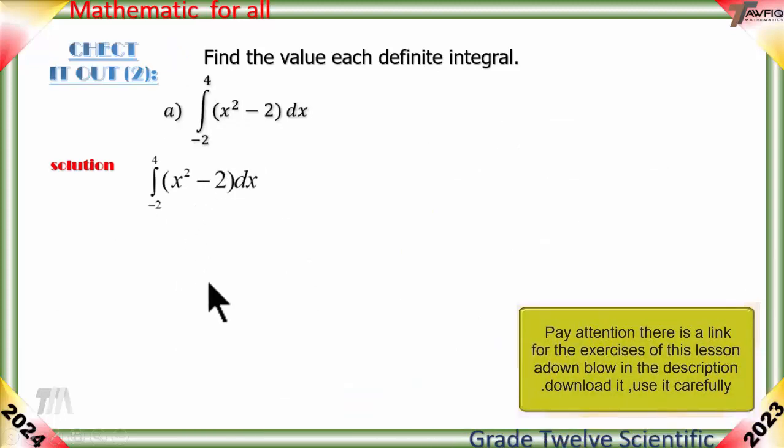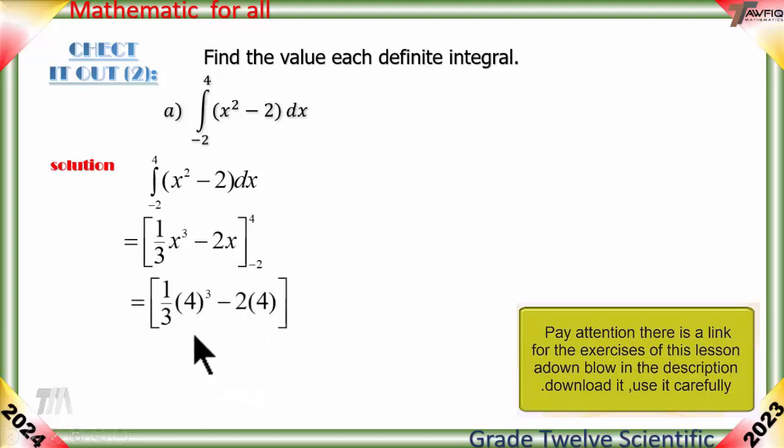First of all, we must take the integral. It becomes 1 over 3 x cubed minus 2x. By substituting 4 in place of x, it becomes 1 over 3 times 4 cubed minus 2 times 4, minus, and now substituting minus 2 in place of x, it becomes 1 over 3 times minus 2 cubed minus 2 times minus 2.